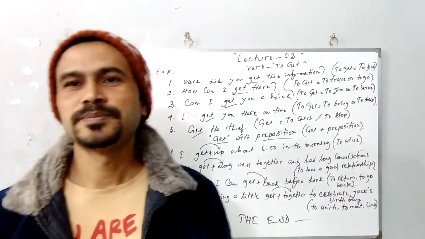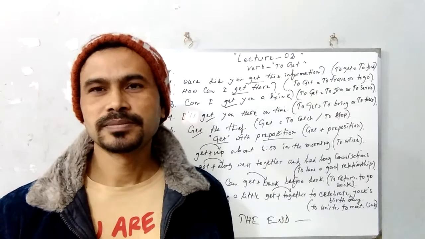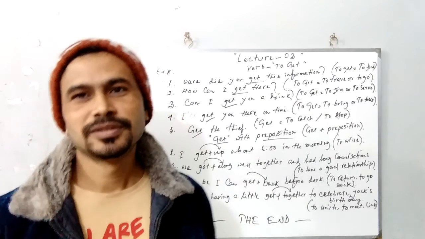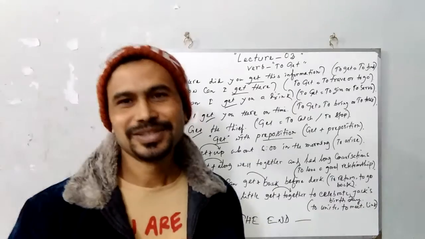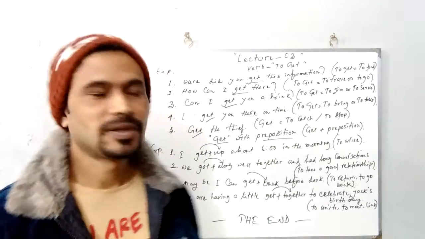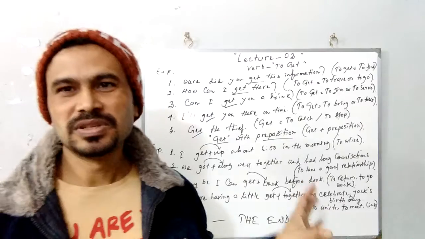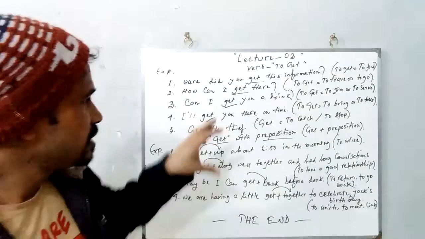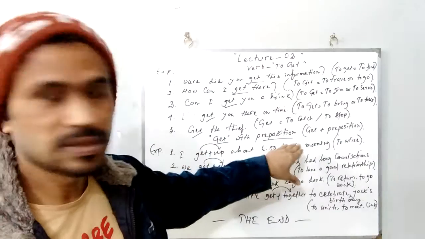Prepositions are naturally to, by, with, over, for, etc. So these are the prepositions, and here I will discuss get with prepositions.